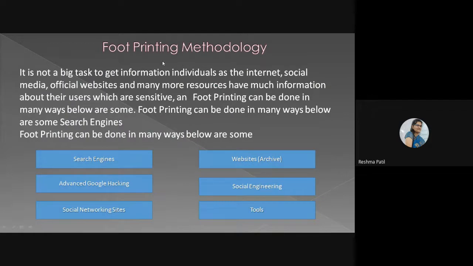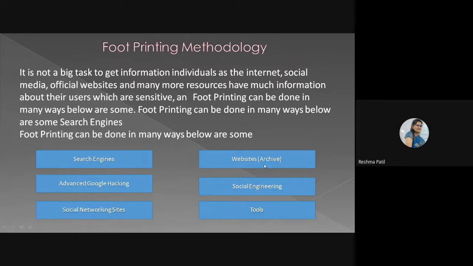For information gathering, which methodology can we use? That is mentioned here. First, you will use a search engine and get some information. If that is limited, you will use another tool, advanced Google hacking. Then there are social networking sites, where you will get personal information.